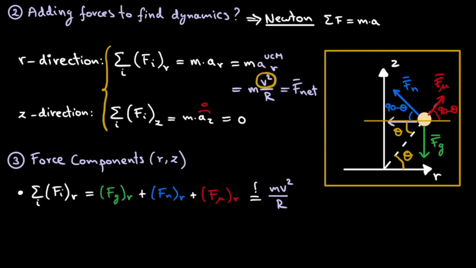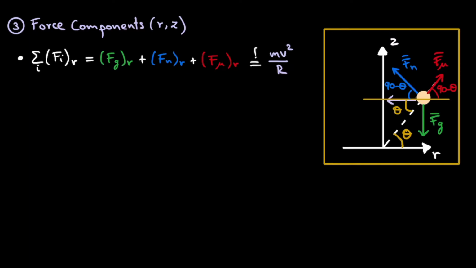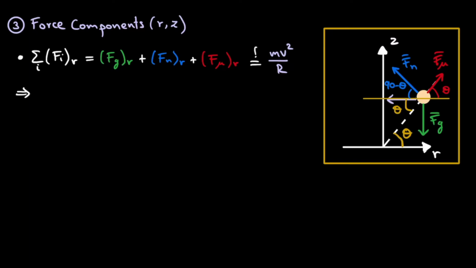And because we did our preparation of identifying these angles, these components are very straightforward to write down. The R component of the force of gravity is of course 0 because it points directly in the z direction. The R component for the normal force is just the magnitude of the normal force multiplied by the cosine of 90 minus theta. And for the frictional force, we note that it points in the opposite direction, and thus we get minus the magnitude of the frictional force multiplied by the cosine of theta.